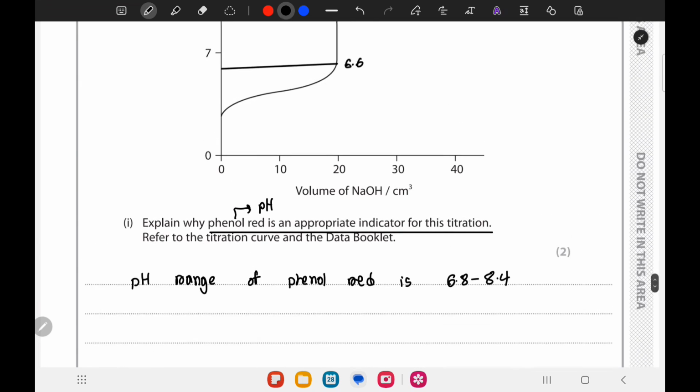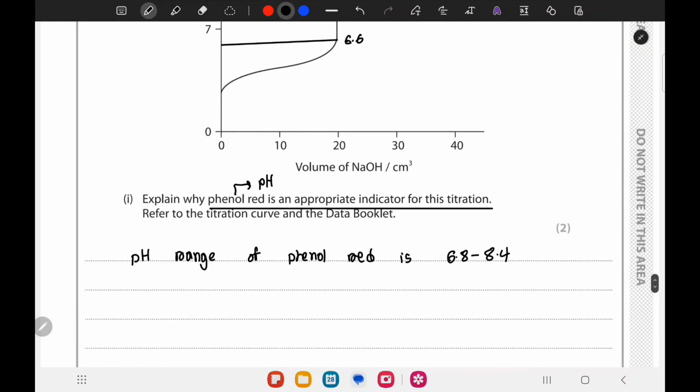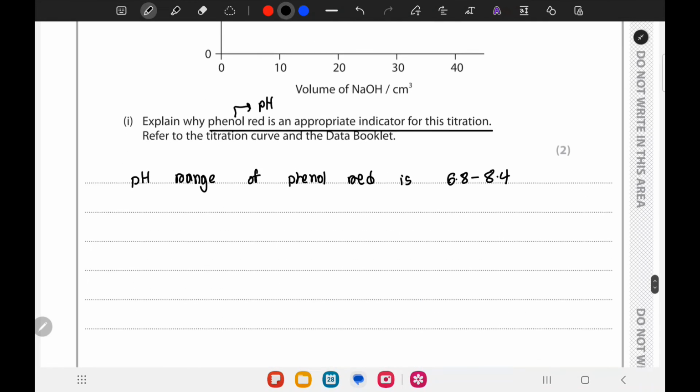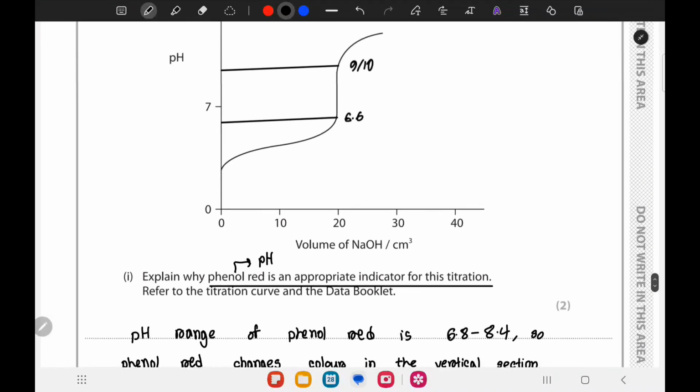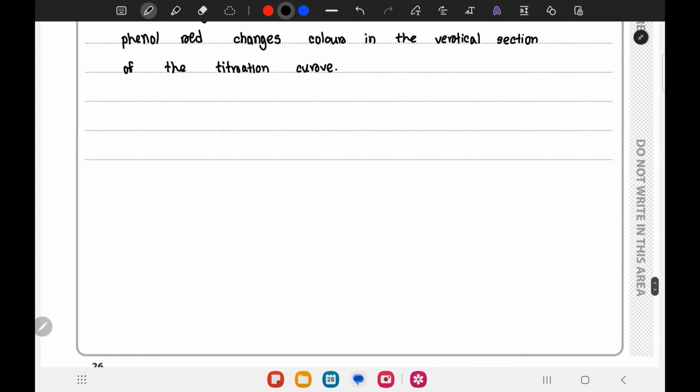And if I look into this, the pH range of this indicator falls entirely within the vertical section. So we can use this indicator here. So we write down how the color change in phenol red occurs in the vertical section of this titration curve.